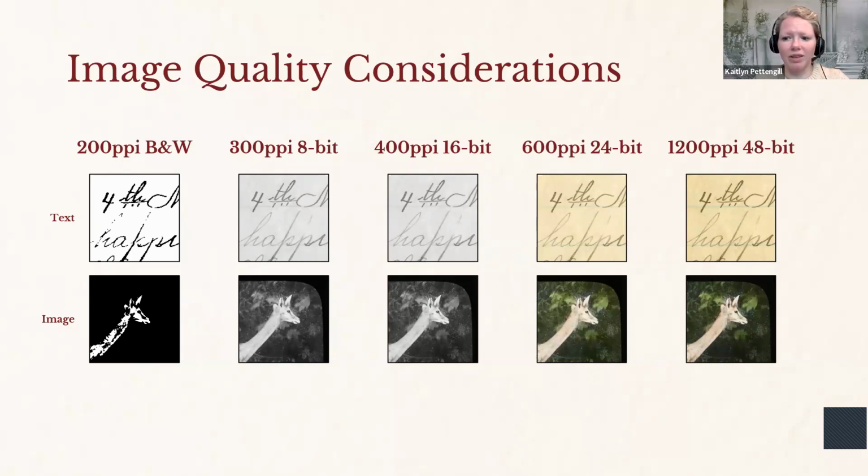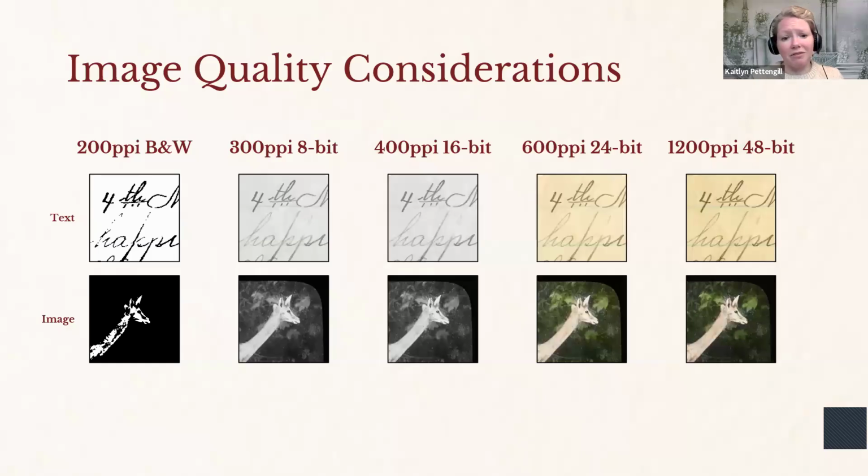Once it's readable, increasing the file size doesn't necessarily improve access. Maybe if you want to blow up a picture of the Constitution and put it in your elevator at a library, there'd be some reason for a very particular one-off situation. Maybe you want to do it at a very high resolution, but you're not really getting more information for your users.